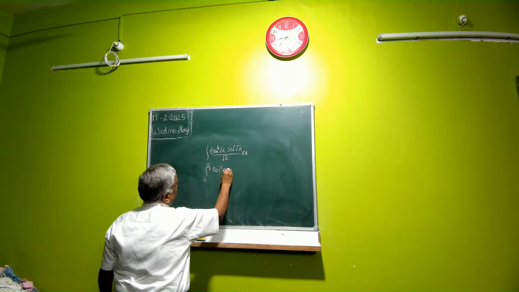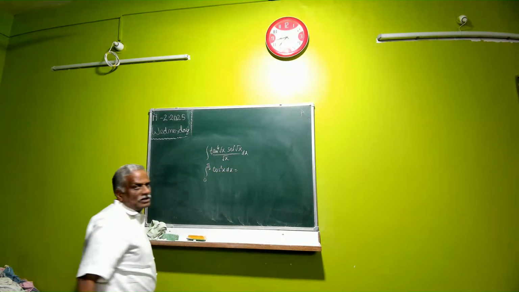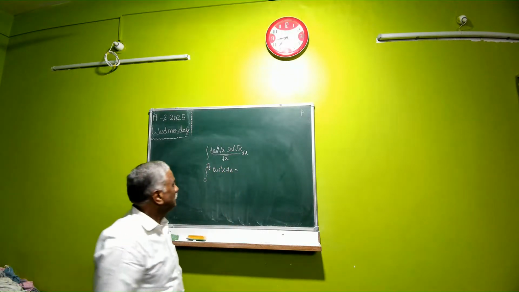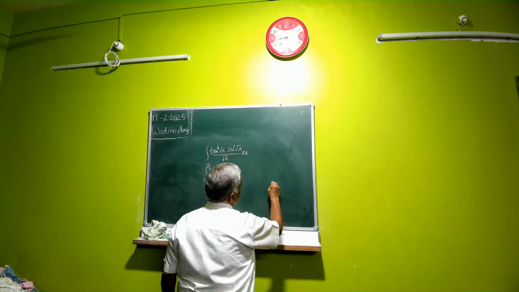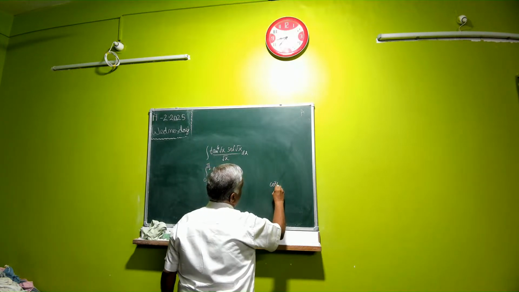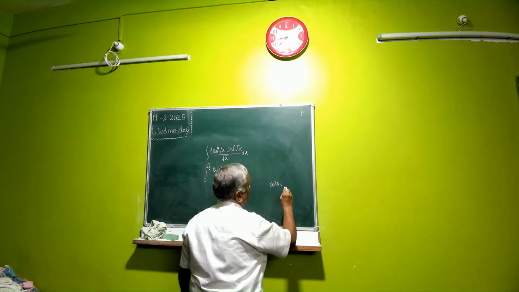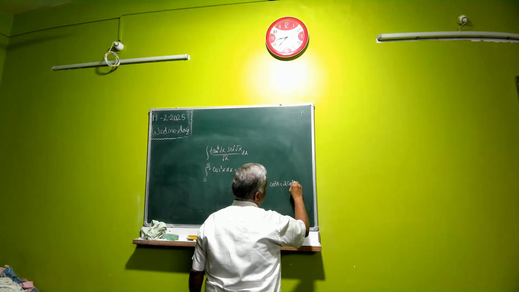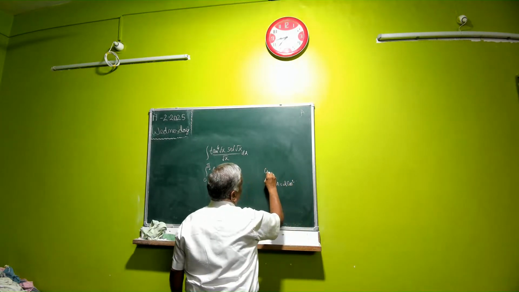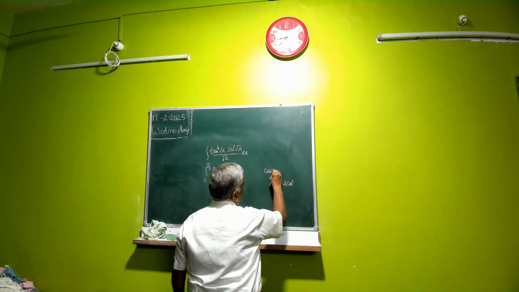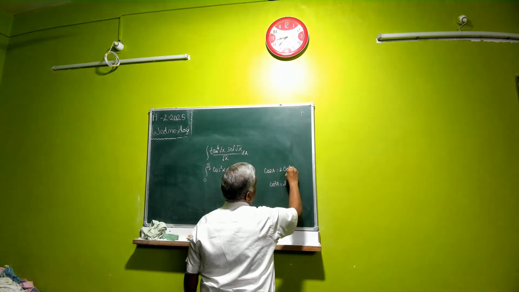cos square x dx. We have not worked this, but it is very simple. You have to use the formula for cos square a. I shall go for the basic formula itself. Cos 2a is 2 cos square a minus 1.